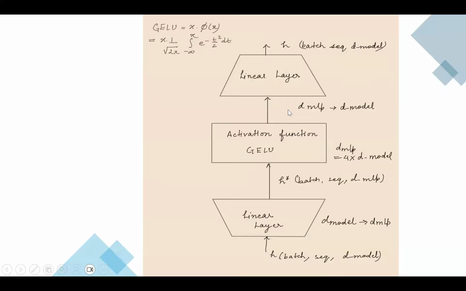Once you have done this activation function, this is the only non-linear transformation happening in the transformer block. Apart from this operation, every other operation is basically a linear operation. This is the only non-linearity which you add in the transformer block at this point.